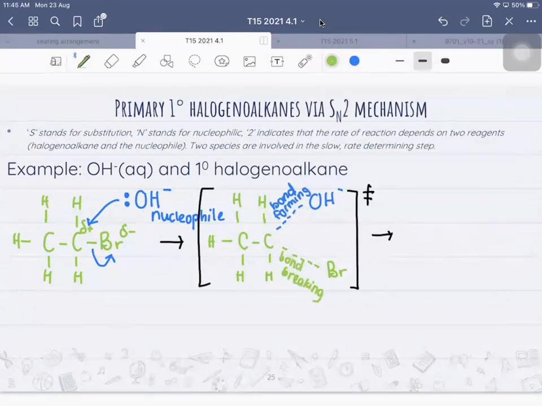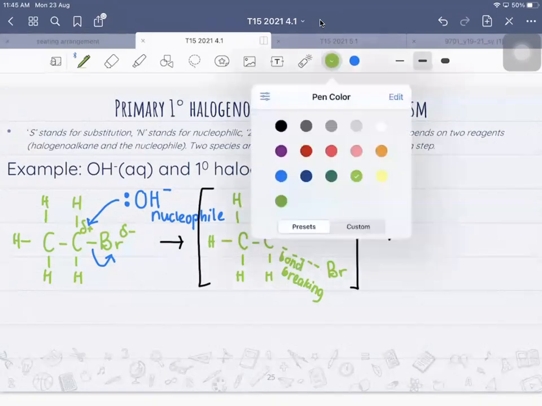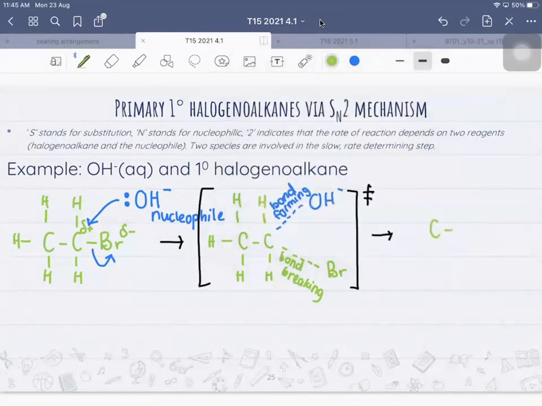The bond is about to break. And then you get to your product where you have the carbon hydroxy bond. This is the newly formed bond. Everything else, the rest of the molecule, stays the same.